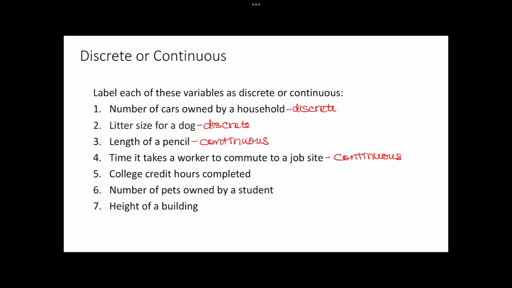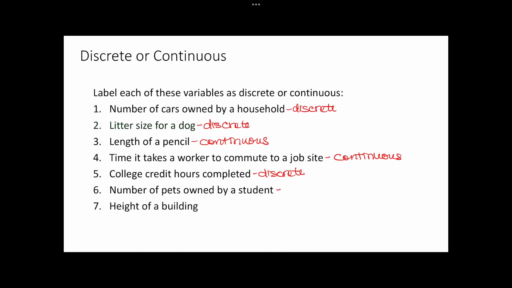How about college credit hours completed? The number of credit hours you complete is a whole number, and so I could list the possible credit hours completed one by one. And so this is going to be discrete. The number of pets owned by a student is another example of a discrete variable.